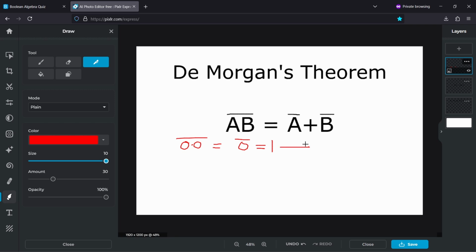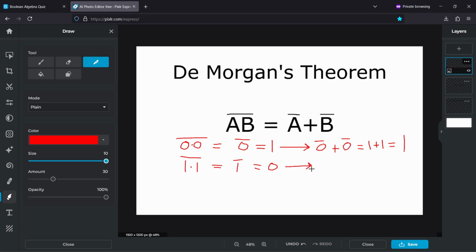And if we rewrite that as in the second equation here, we'll say 0 bar plus 0 bar equals 1 plus 1. And in Boolean algebra, this gives you a 1. So far, so good. Let's say they're both equal to 1. So it's 1 times 1 bar equals 1 bar equals 0.